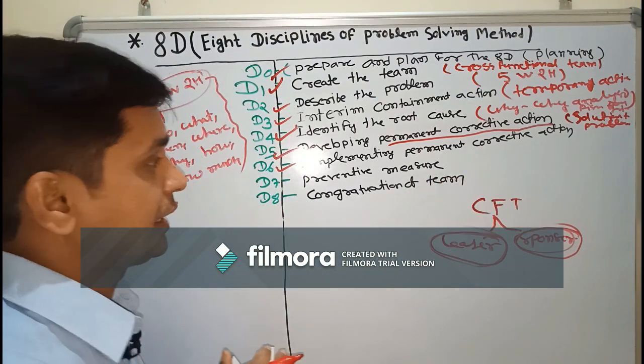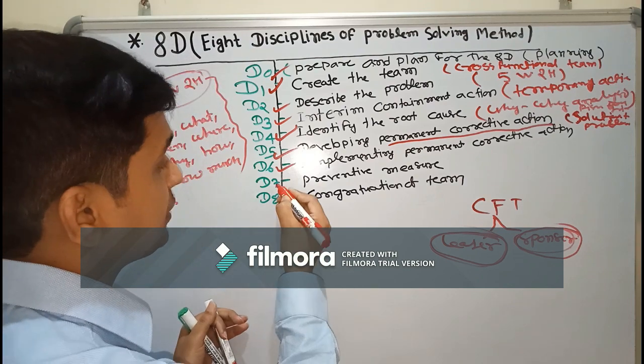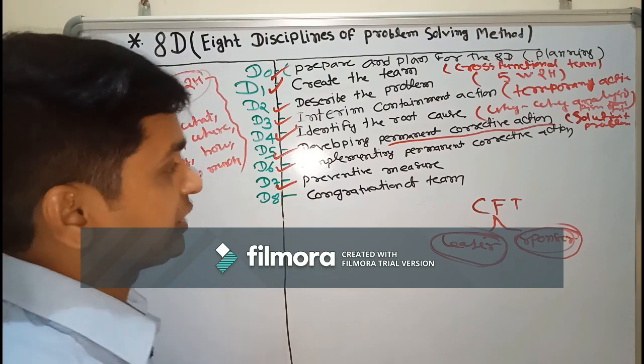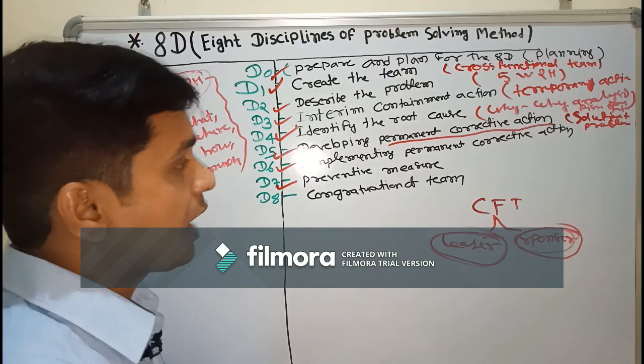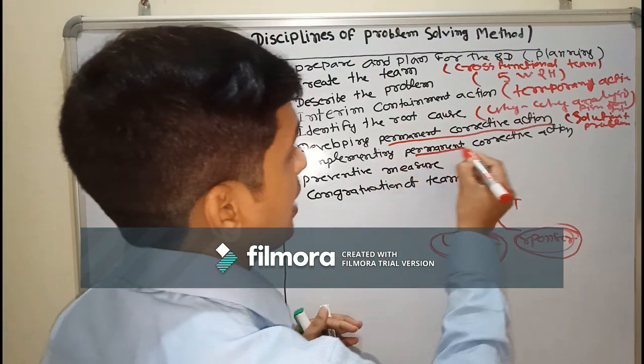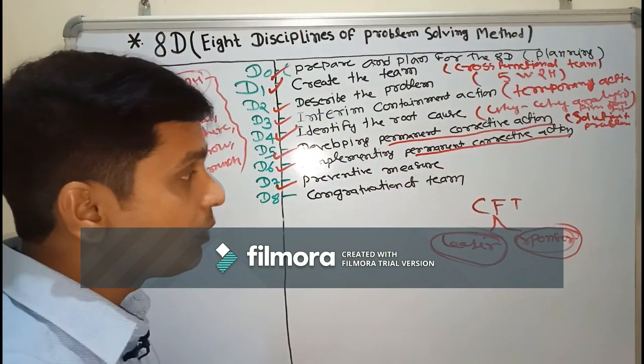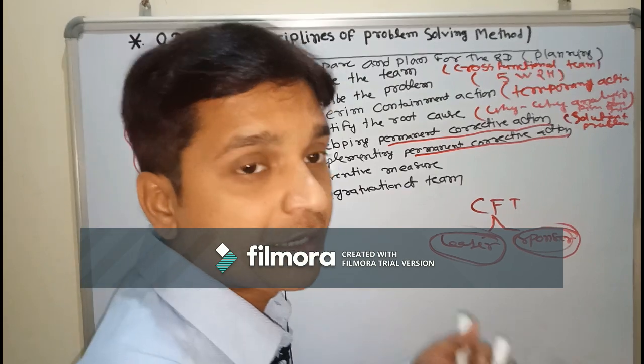Seven, that is very important, preventive measures. After implementing permanent corrective action, the problem may be generated again.